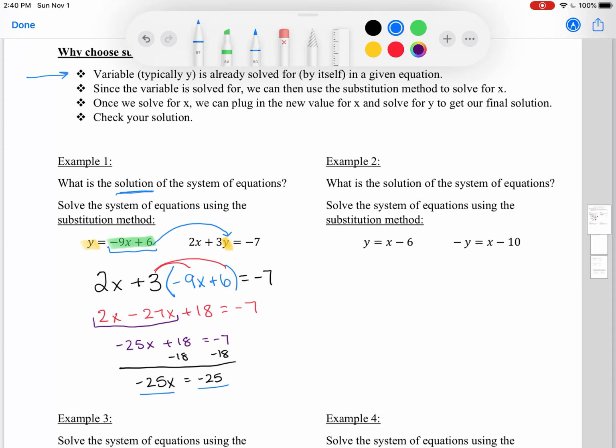So I need to subtract an 18 from both sides, work down. Negative 25x is now going to equal negative 25. That's nice for us. And last but not least, to get x all by itself, I'm going to divide both sides by negative 25. And I'm going to get that x equals 1.